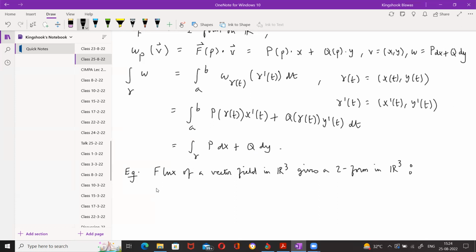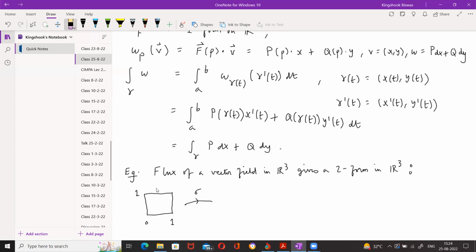Okay, so what does this statement mean? Well, it means the following. Instead of a curve, which is a map from, let's say, the interval 0,1 into R3, I take a parametrized surface or a parametrized cube, which is a C1 map from the unit cube in R2 into R3.